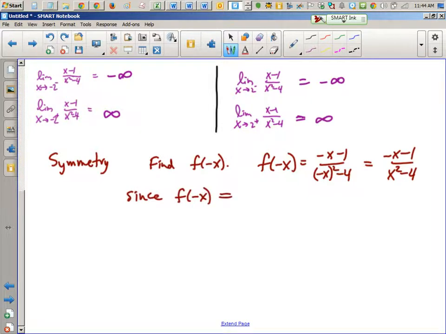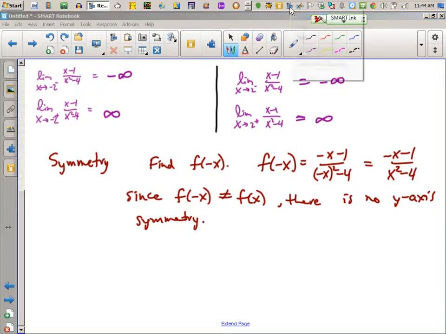Since f of negative x is not the same thing as f of x, flipping it backwards creates a new graph. That means there's certainly no y-axis symmetry. If there was y-axis symmetry, flipping it backwards, you couldn't tell that anyone had flipped it.